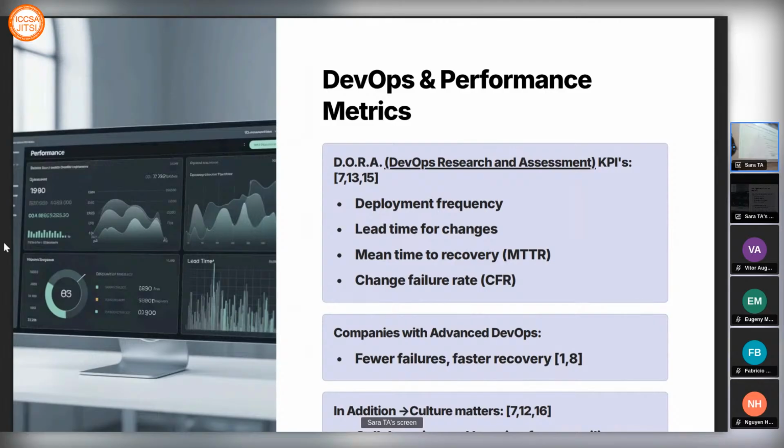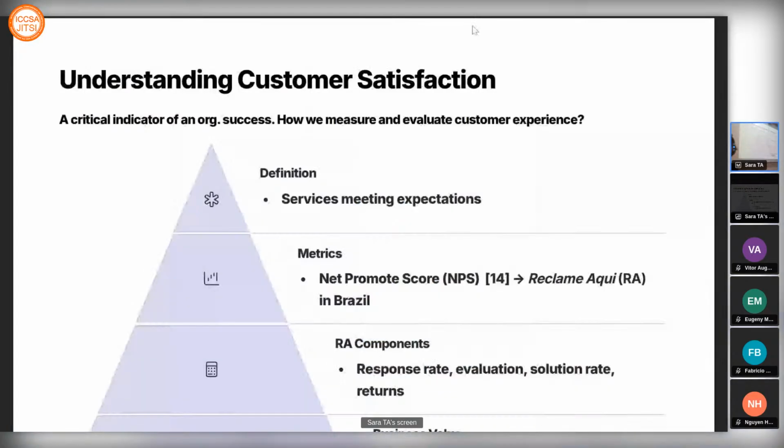A critical indicator of a company's success is customer satisfaction. But how do we measure and evaluate customer satisfaction? We can, for example, use the so-called Net Promoter Score, a methodology that tries to categorize companies into different levels.